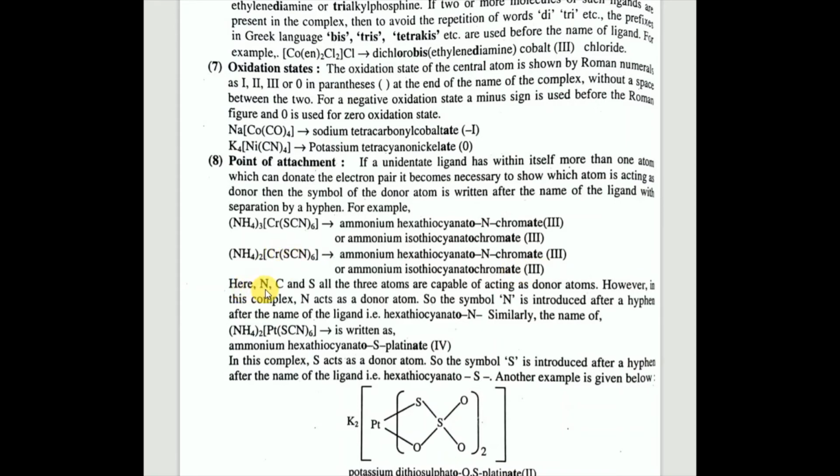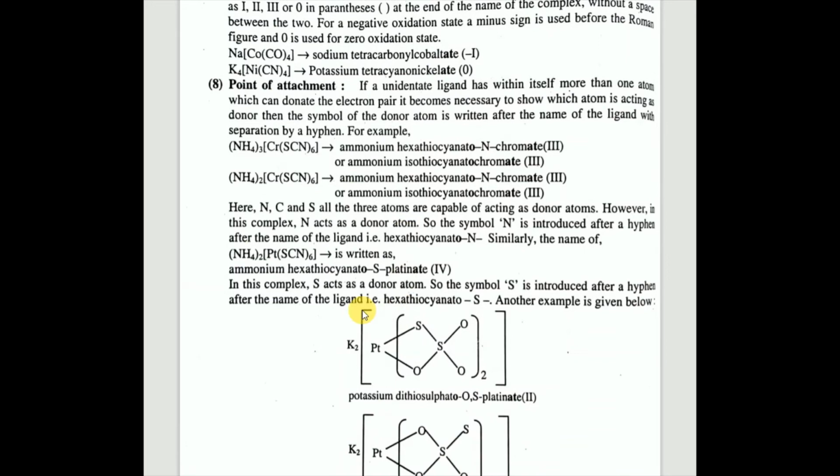Therefore, in thiocyanate, the atoms nitrogen, carbon and sulfur are possible donors. Then which donor atom is attached to the metal? At that time, we write the donor atom symbol after the name of that ligand. This is the point of attachment. See here, in this example, ammonium hexathiocyanato-S platinate(IV). This means sulfur is the donor.